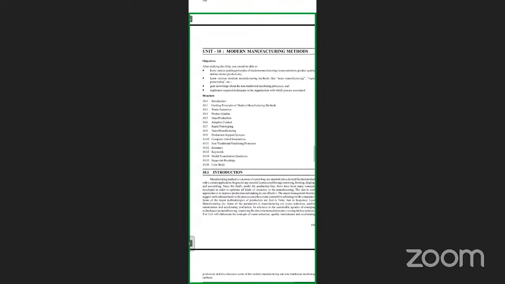And the next unit is modern manufacturing methods. So what are the different manufacturing methods that are used in modern manufacturing industries? Like we have heard about nano manufacturing, rapid prototyping, product prototyping.